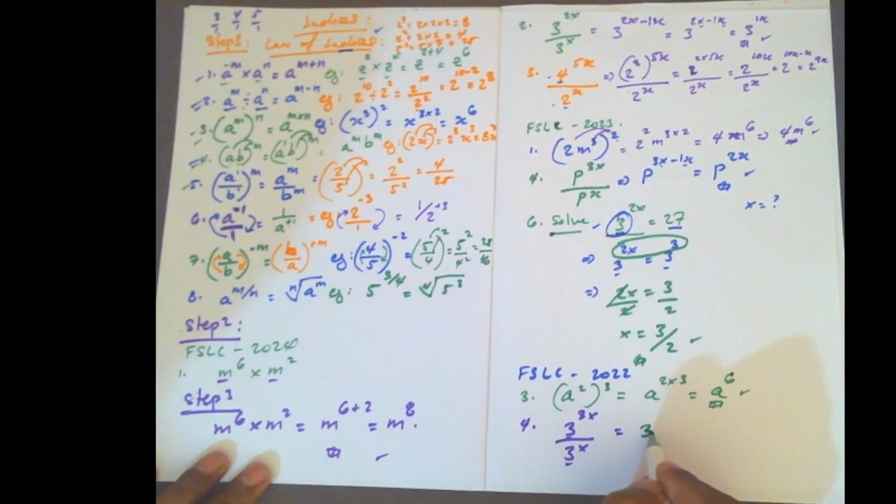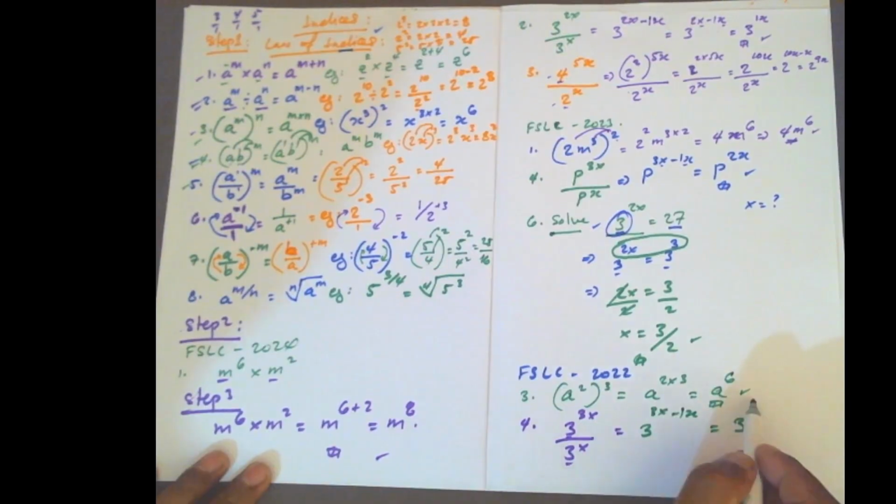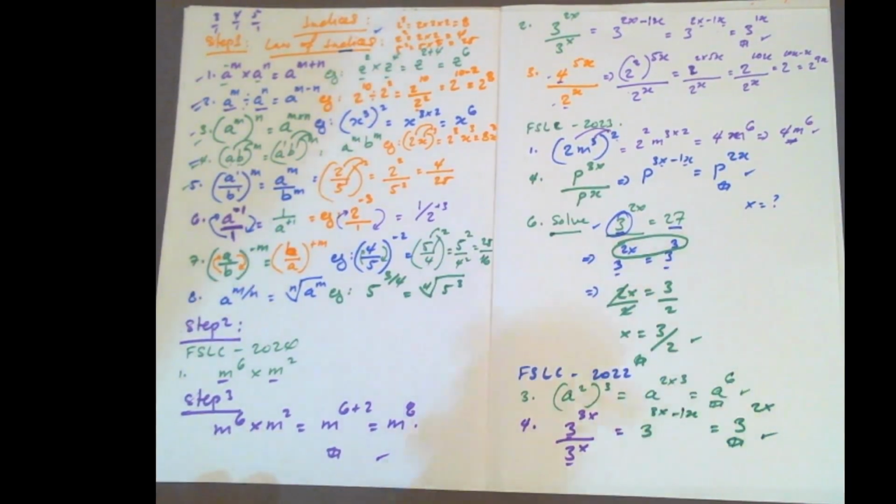So this is 3 to the power of 3x minus x. In front here is 1x, so 3x minus x, that is 3 apples minus 1 apple, is 2 apples, 2x. And that is your answer.